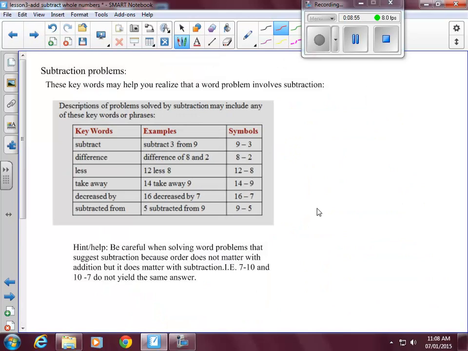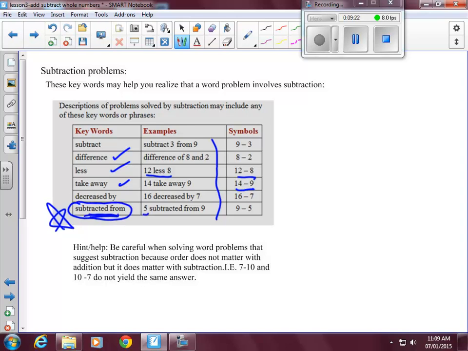Likewise, there's got to be keywords for subtraction. So a word problem that involves subtraction, look out for the word difference, less, take away, and see how the translations are over here. 12 less 8 translates to 12 minus 8. 14 take away 9 translates to 14 minus 9. Big star on this one. This is the one that gets people right here. Subtracted from.